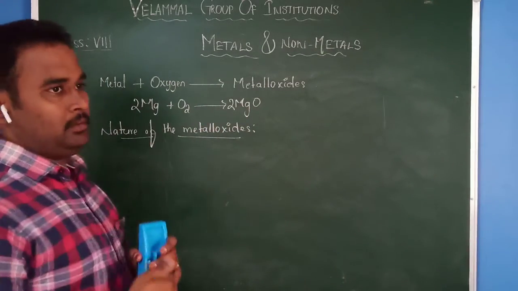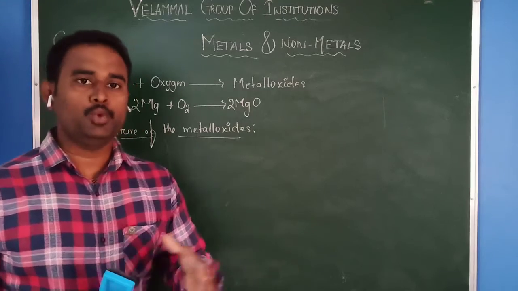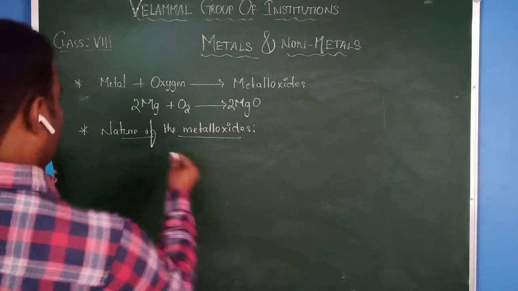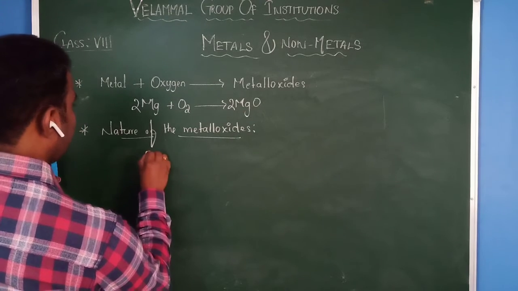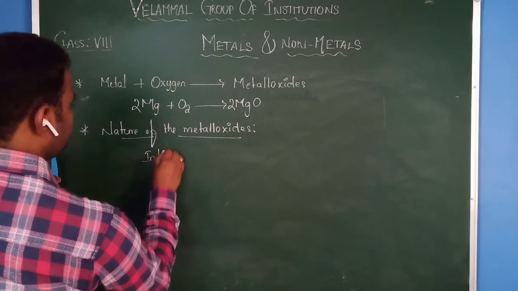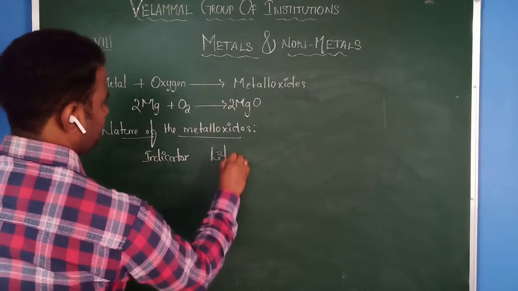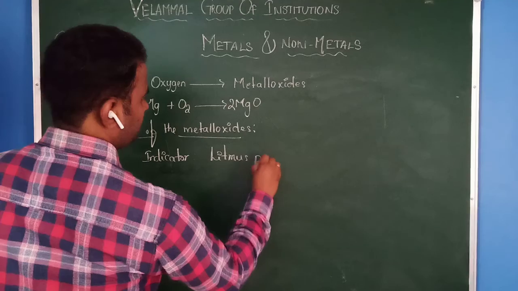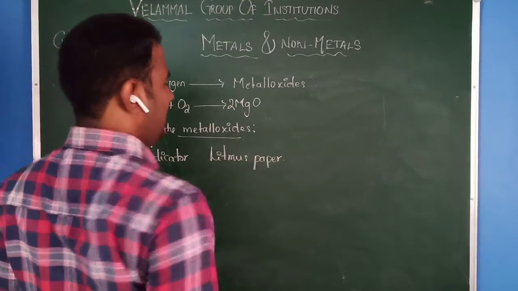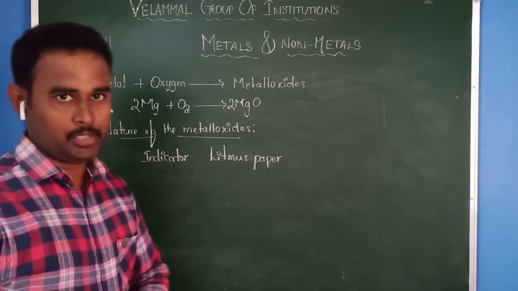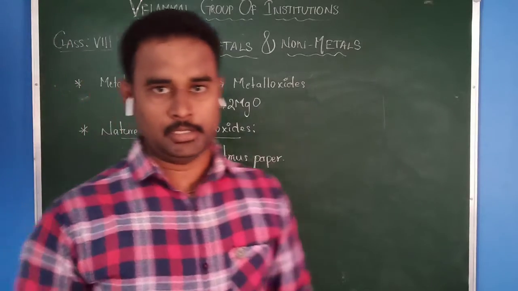To identify any type of substance, we normally use indicators. Here I am going to take one indicator, litmus. Already you people know what is litmus indicator. You learned it in your 7th standard.